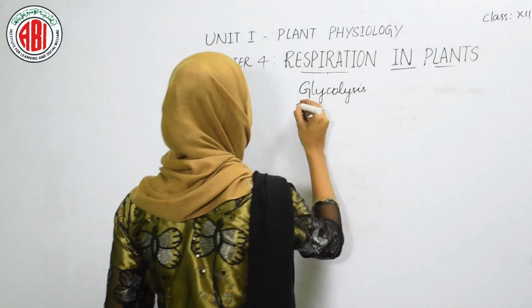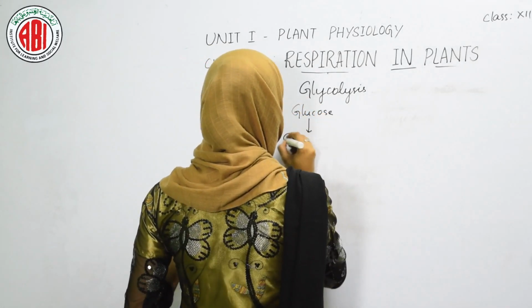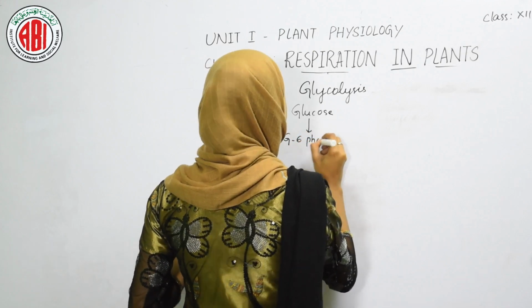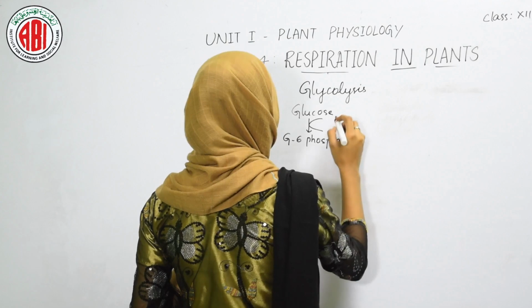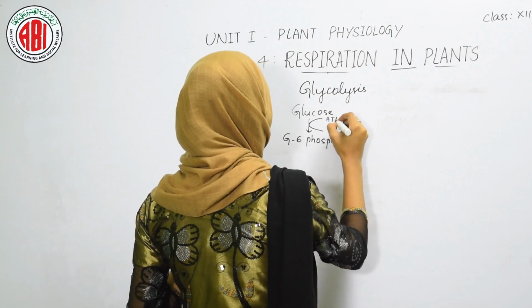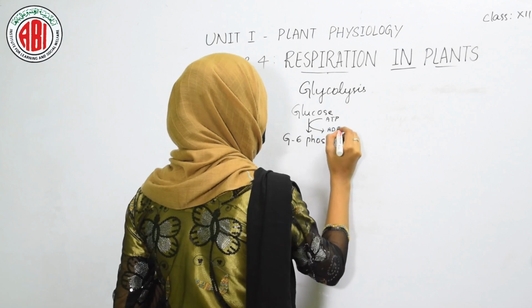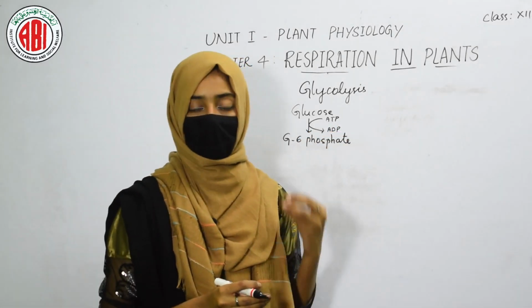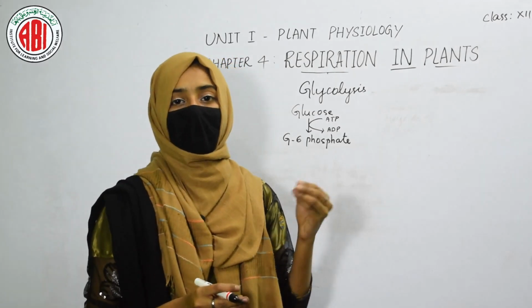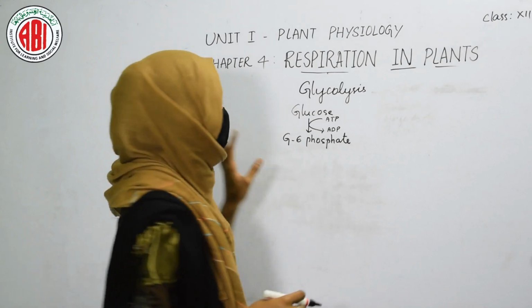The first step is where glucose gets converted into glucose 6-phosphate. For this conversion, energy is required, where the ATP molecule changes into ADP. ATP is a molecule which provides energy and also adds phosphate groups to different molecules.